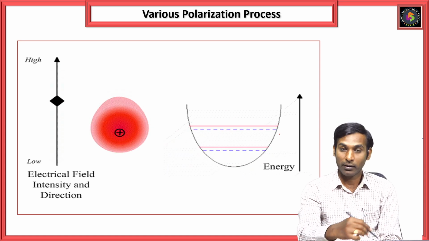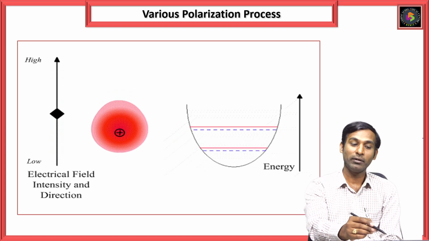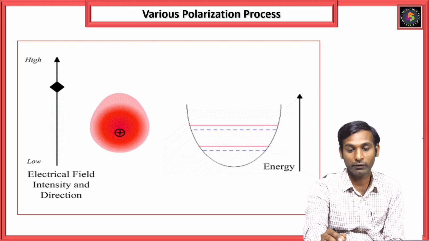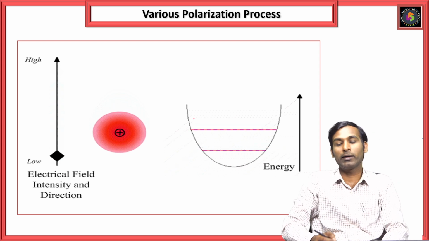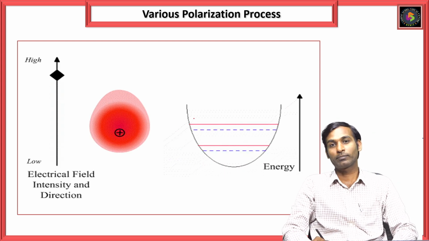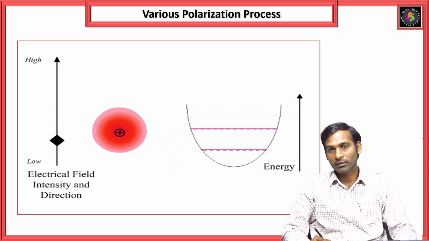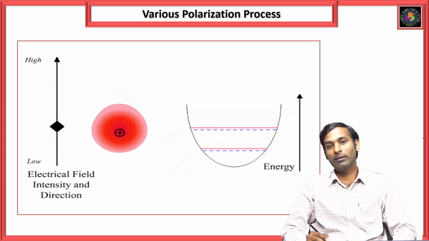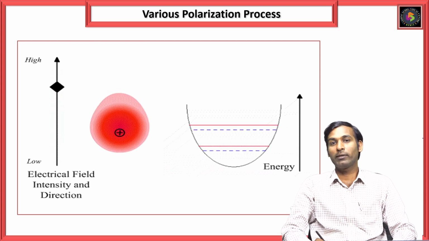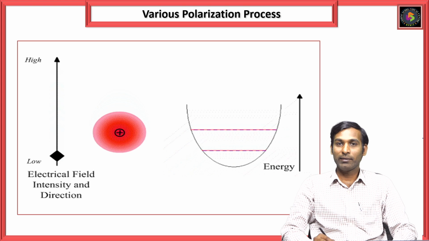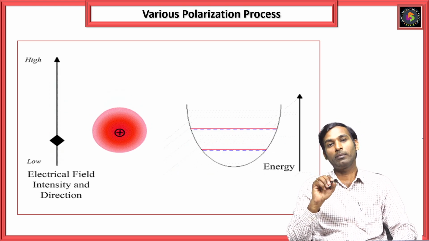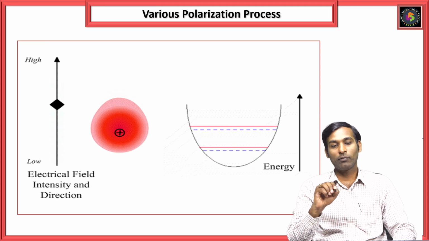If electric field intensity is increased from low to higher, the energy level also increases from low energy to higher energy. Here the energy is important; that energy is nothing but the electric field intensity. If you apply a very strong electric field, the polarized atom will be changed into the unpolarized atom. That's why we are calculating its polarizability. The polarizability is independent of temperature.